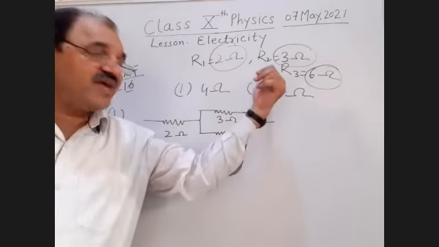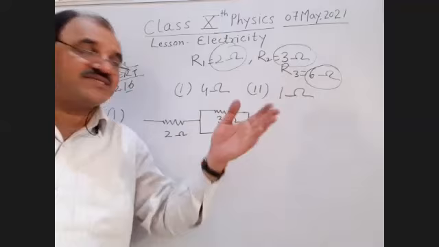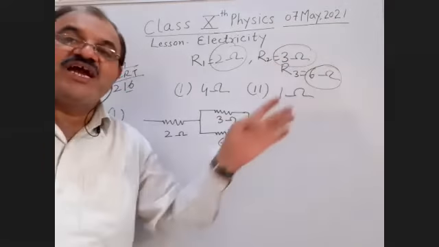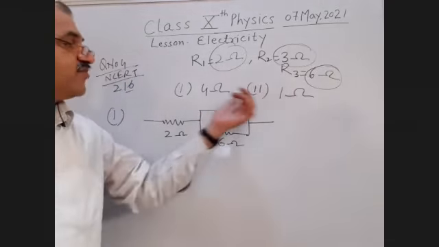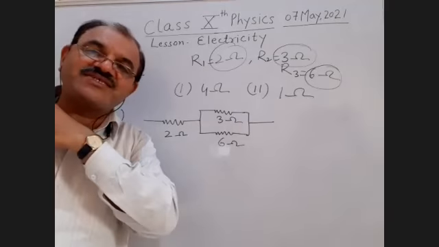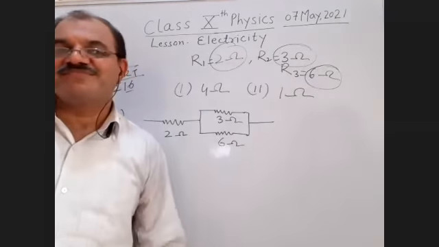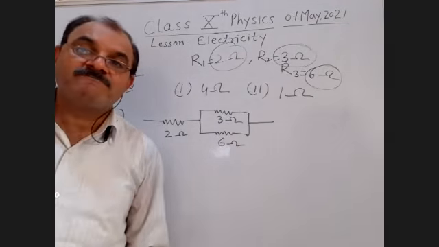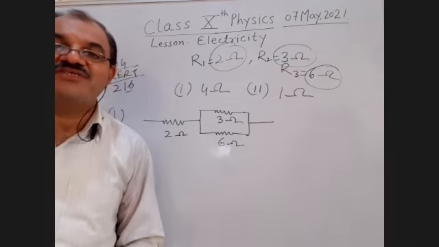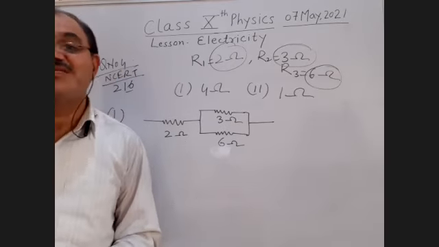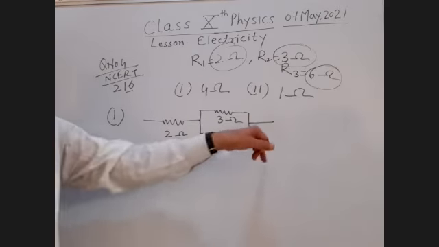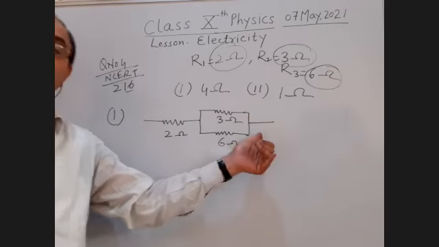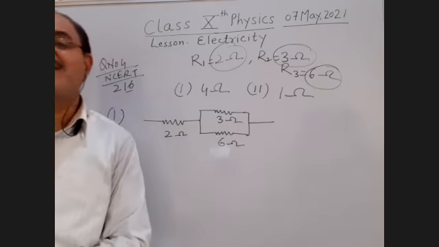Because if they are connected in series, their net resistance will be 2 plus 3 plus 6, which is 11 ohm, and that is not my answer of 4 or 1. So it means the series combination is cancelled. Is it clear, students? These are very, very important points which I am going to discuss with you. Please listen carefully and observe how the circuits and these resistances can be connected.